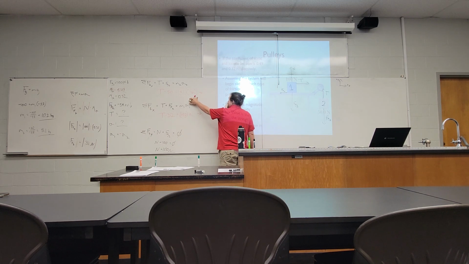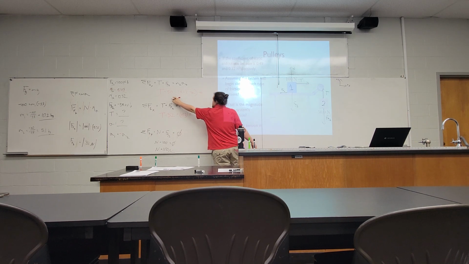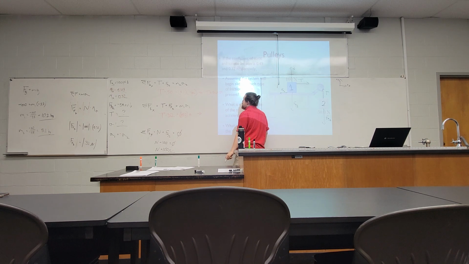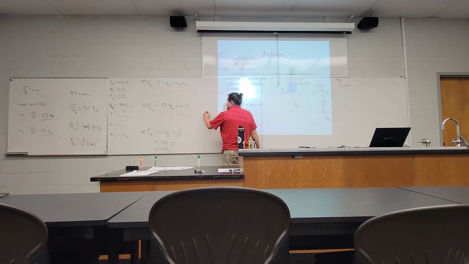For the top equation, for box 2's y-axis, to do that, I'm going to take this 50 from the left and send it over to the right. So that's going to look like T equals negative 5.1a plus 50. And then for the other equation, box 1's x-axis, take 32, send it over to the right, and that'll look like T equals 10.2a plus 32.